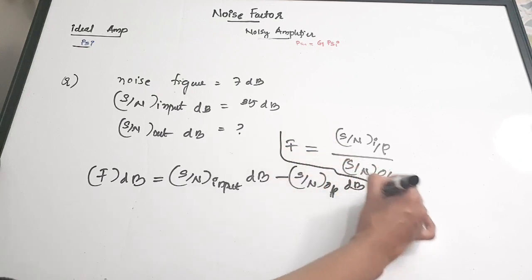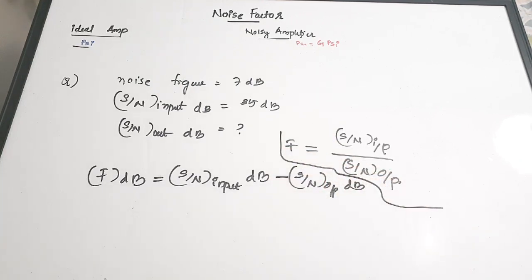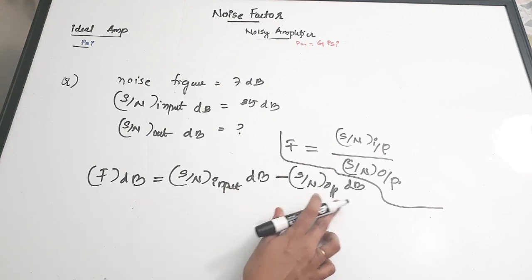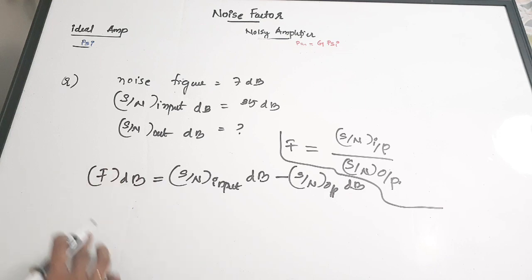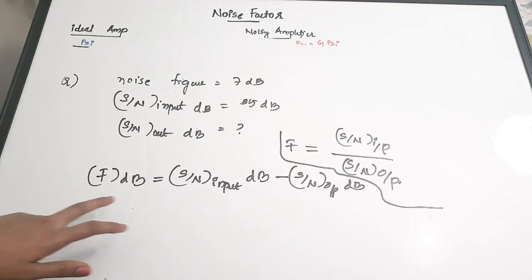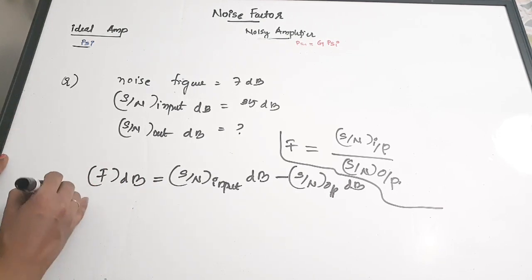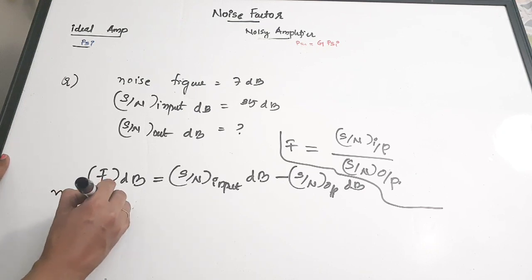So this is the relation when we are calculating in dB. You have to take the difference, that is S by N input dB minus S by N output dB will be the noise figure. This noise factor in dB is called noise figure. Write it here, noise figure.